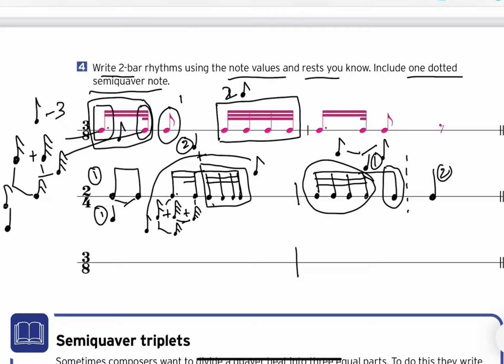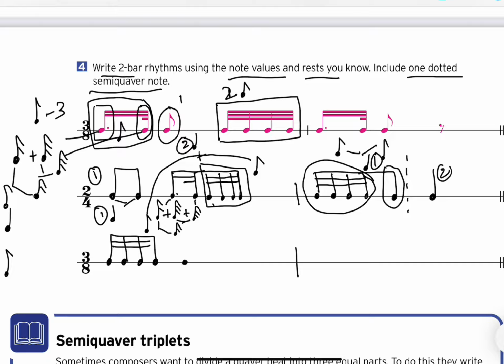3/8. 3/8 means we need three eighth notes or quavers in one bar, right? So let's start with the simple, as they have already given the example that we can make four demi-semiquavers which are equal to one quaver. After that, let's use the example of what they want.